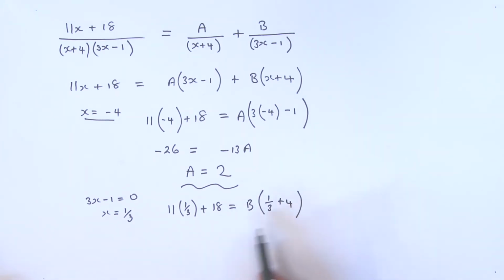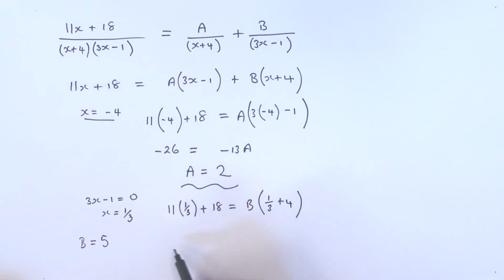So what do we have here? I think we can just do this. This is very simple to do. I've got 11 and 1/3 plus 18, and I've got 4 and 1/3 over here. If we care to evaluate that, we get that b is equal to 5.